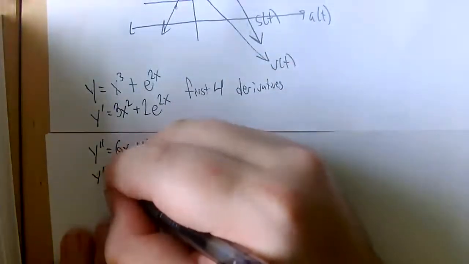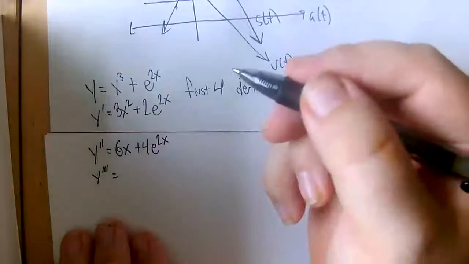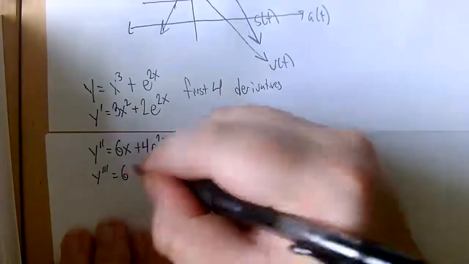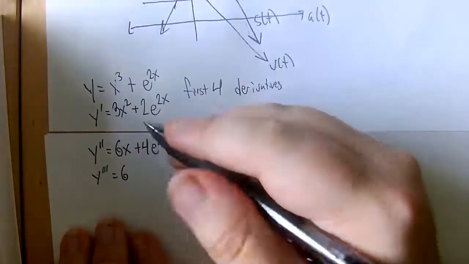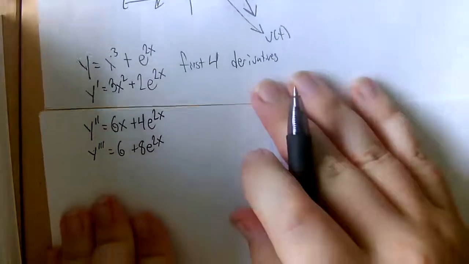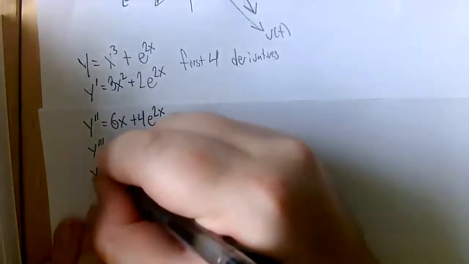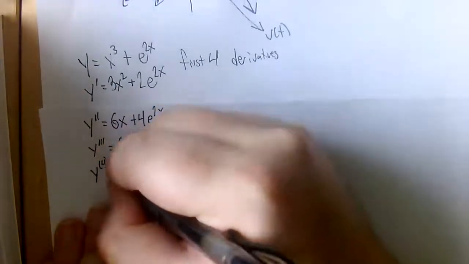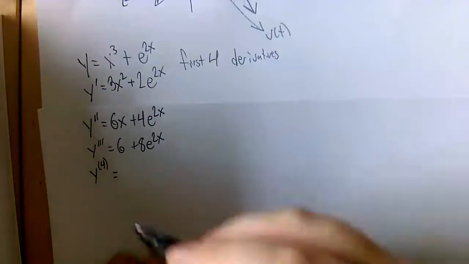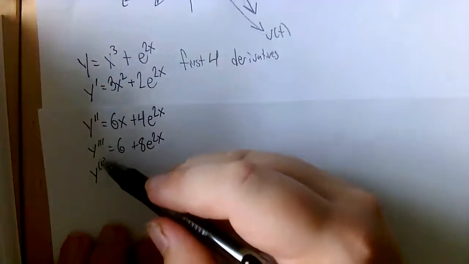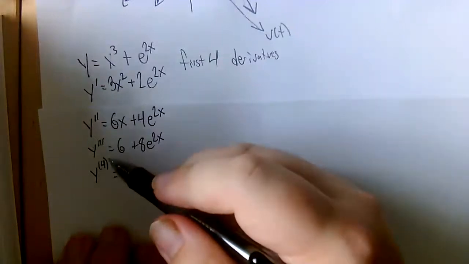Next, we have y triple prime here. I put 3 prime markers there. The derivative of 6x will be 6. And I bring another 2 down here to make 8 e to the 2x. And then finally, I'm going to do one more derivative. Now, it's customary after 3, if you want to express more derivatives than that, rather than writing a bunch of tick marks forever, we put an exponent with the number of derivatives, but we put it in parentheses to distinguish it from y to the 4th power.